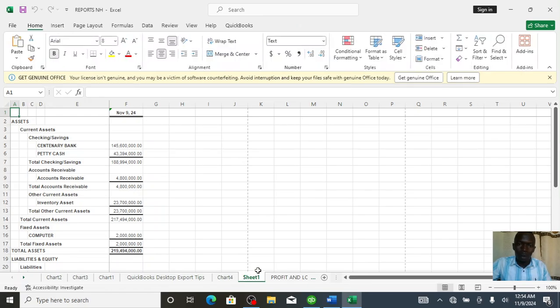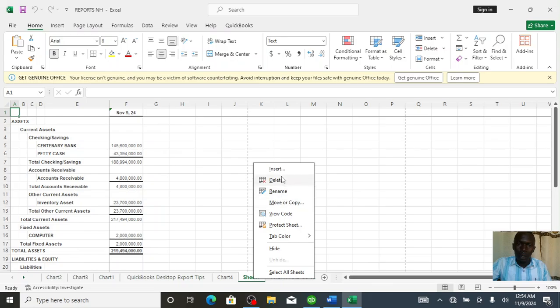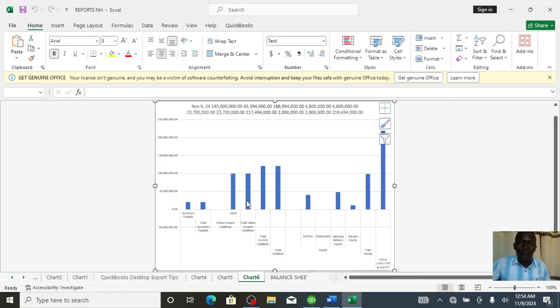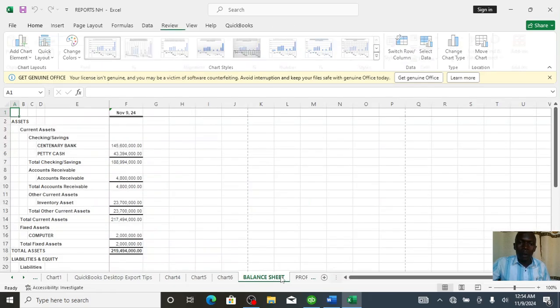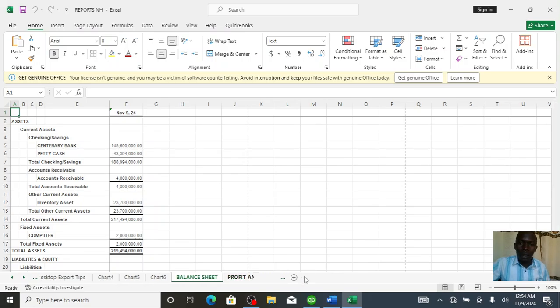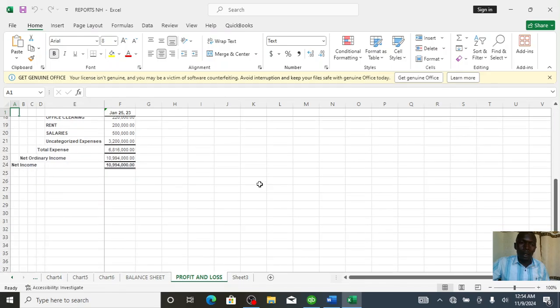It is here, we rename it as balance sheet, as statement of financial position, as balance sheet. So here, that is my balance sheet, which is the statement of financial position, and this is the profit and loss account.